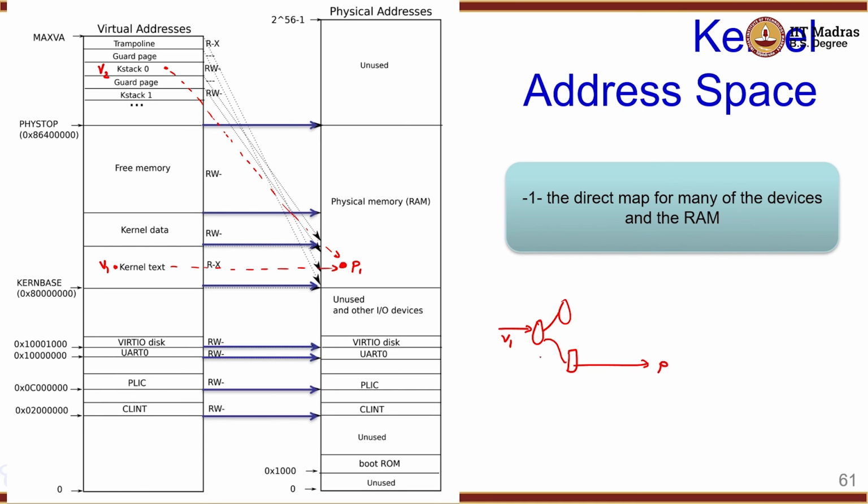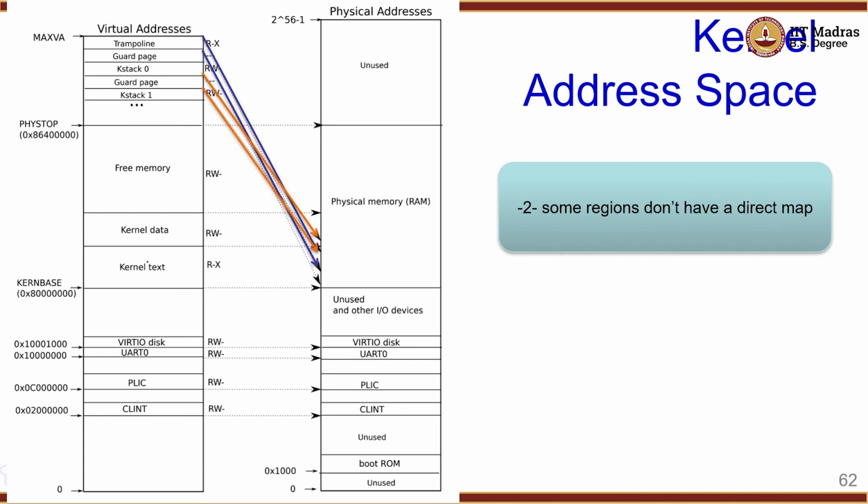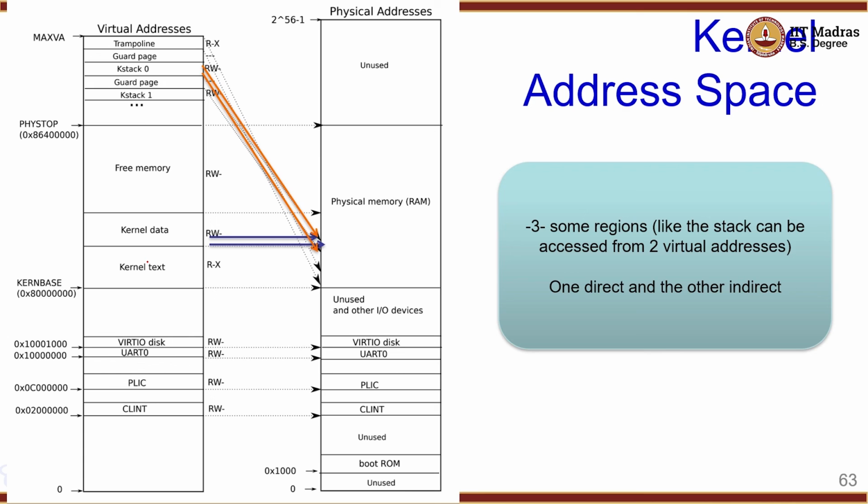Similarly, if I put say v2 into the same hierarchy, I have mapped these page table entries in a way that even for v2 it gives me the same physical address output p1. So this means that I can access the same data from two addresses within my virtual address space.